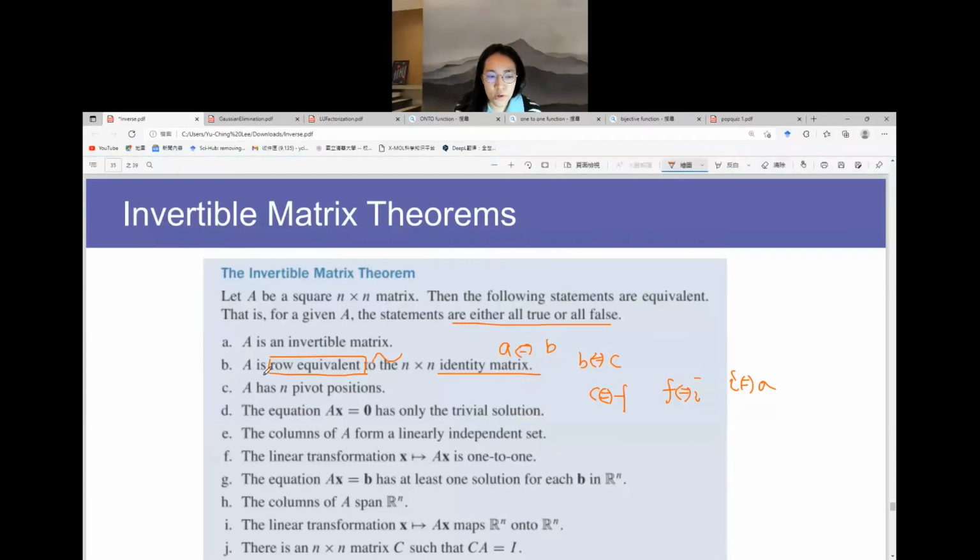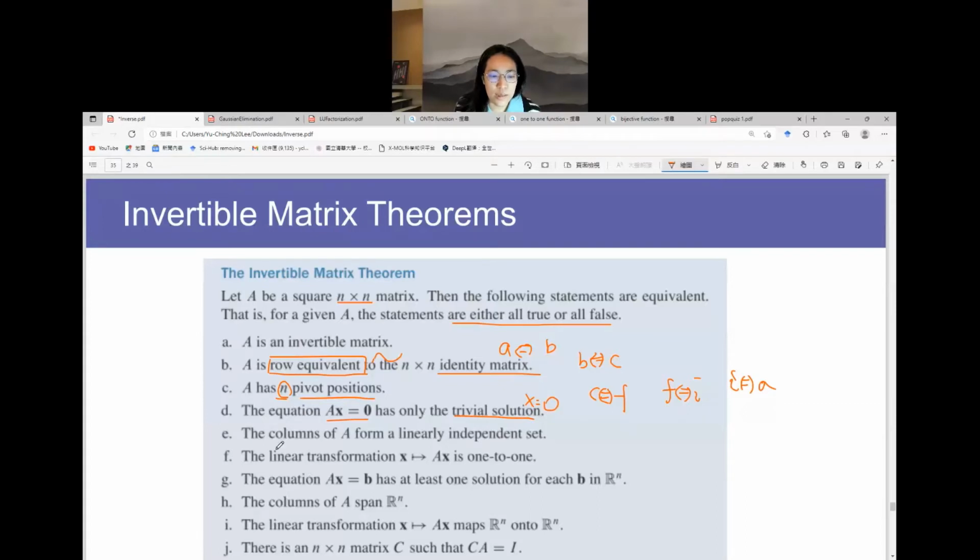It also implies that there will be exactly n pivot positions, where n is the dimension of this square matrix. It also implies that only the trivial solution, X equals 0, can solve AX equals 0.